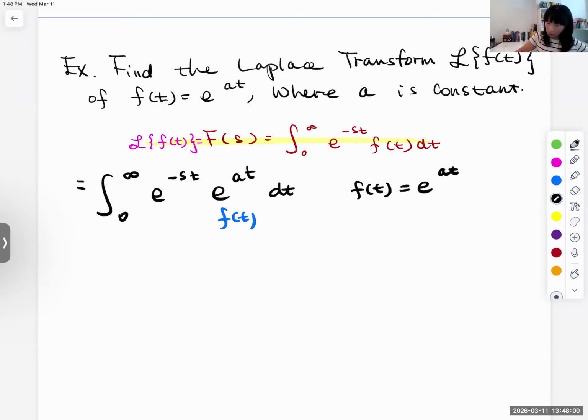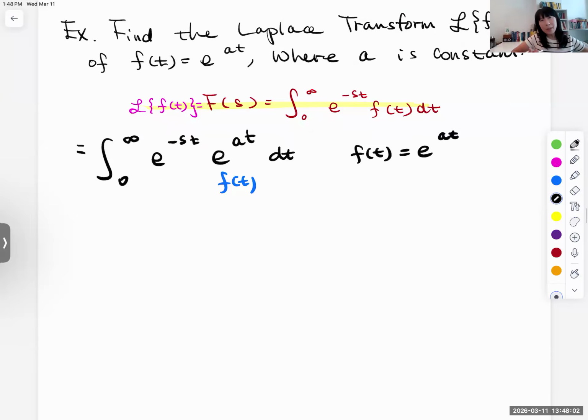All right, now we have the same base, so we can multiply and add their exponents, right? And then let's write the limit as b approaches positive infinity, with the integral from 0 to b of e to the negative st plus at, dt, right?